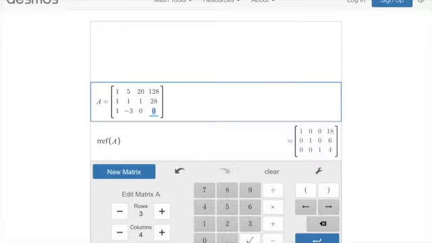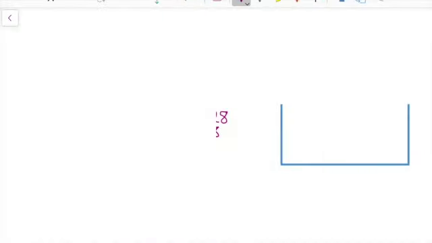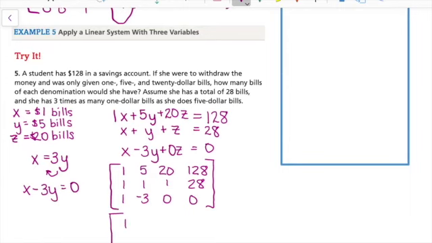All right, so I typed all that in. I now have 18, 6, and 4 as my final answer here.